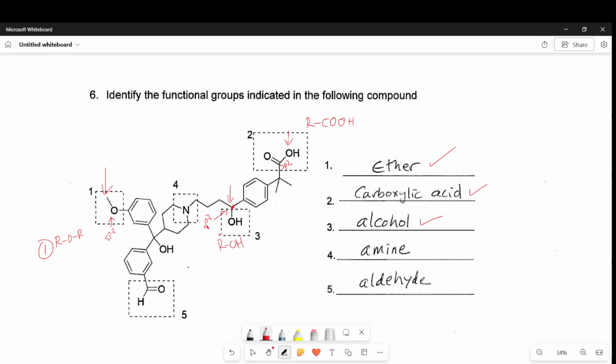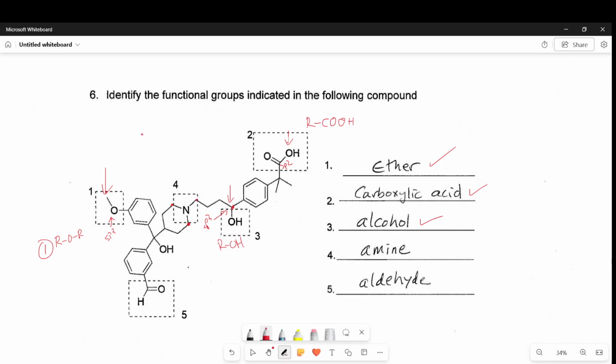So number 4 is an amine. An amine, in general, is nitrogen containing. Remember, you have nitrogen, but here I have a different kind of amine. All of them are carbons.